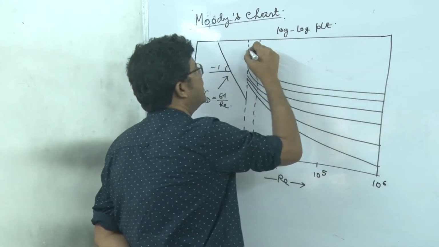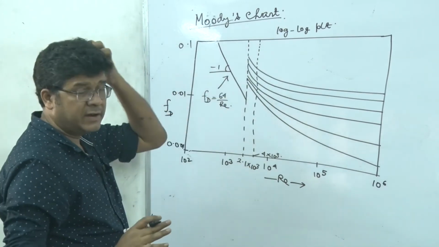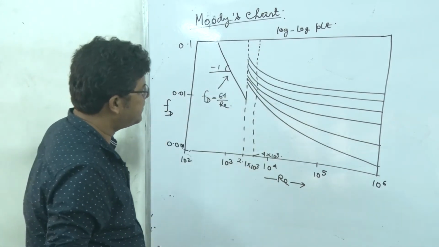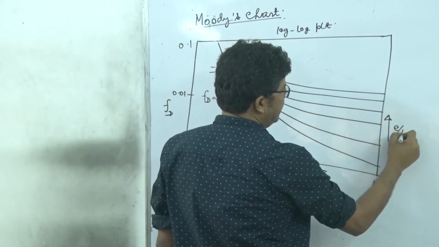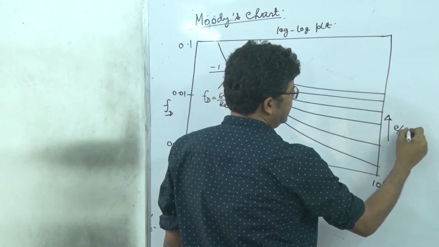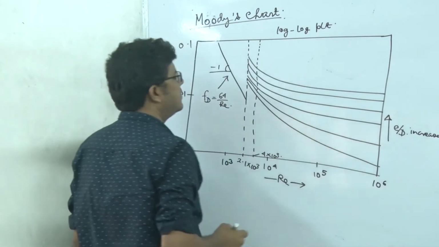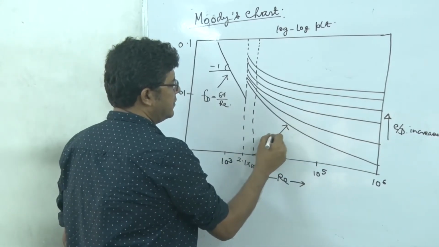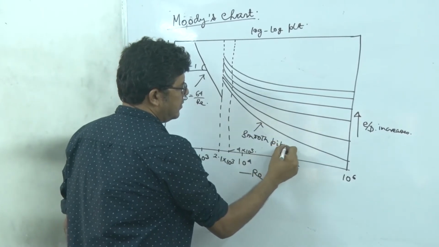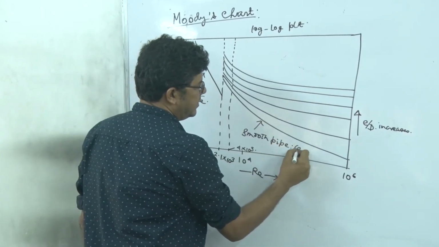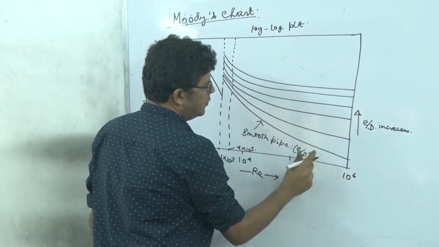Moody's chart is quantitative, but tentatively it looks like this. In this direction the E by D value increases, and this is the smooth pipe where E by D is close to 0.